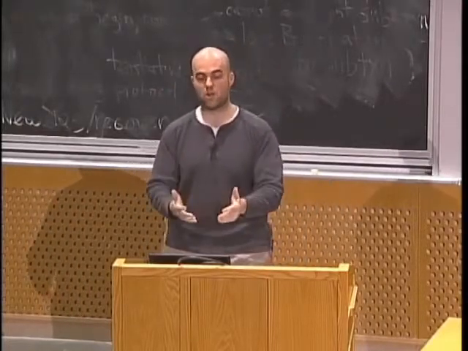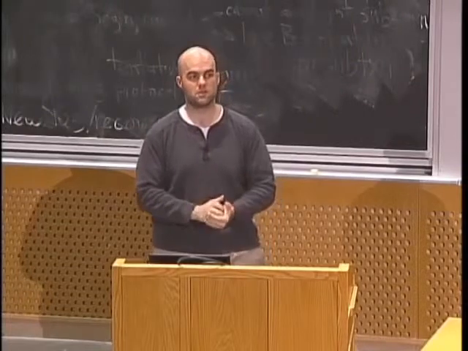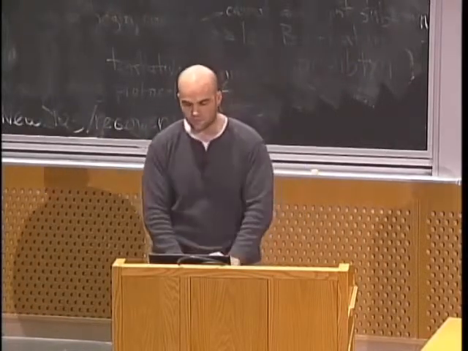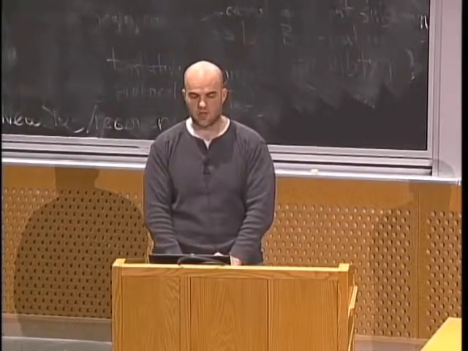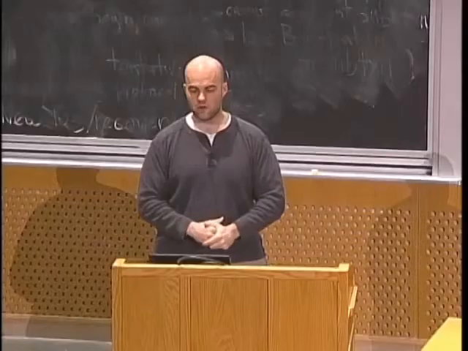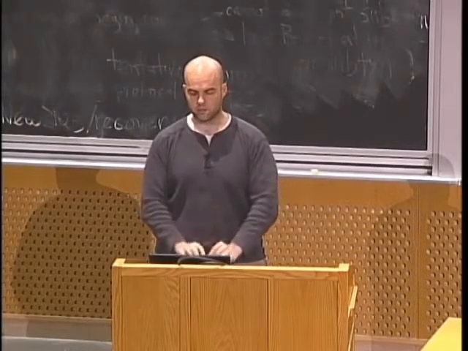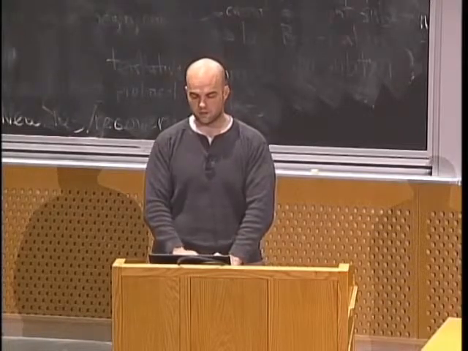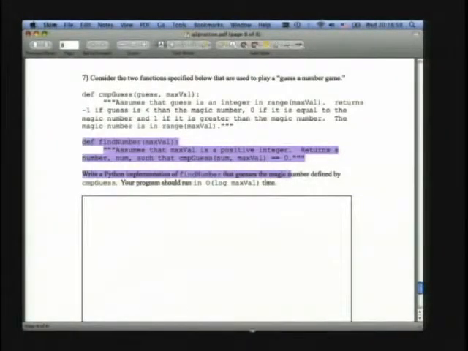So this problem is asking you to implement binary search. And comp guess here is functioning as me in this problem. It knows a number, and you write the program that's going to guess it, which is find number.